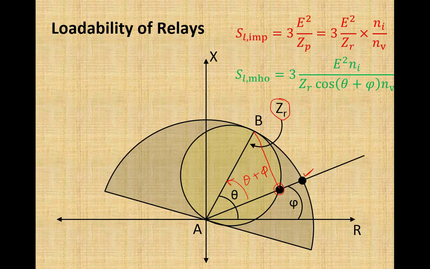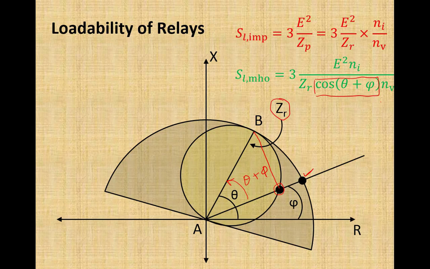If we compare these two equations with each other, the formula to calculate the loadability of the impedance relay and the formula to calculate the loadability of the Mho relay, we can see the only difference is this factor cos(theta plus phi) in the denominator of this equation. The maximum value of this cos(theta plus phi) will be 1, and that would never happen practically.